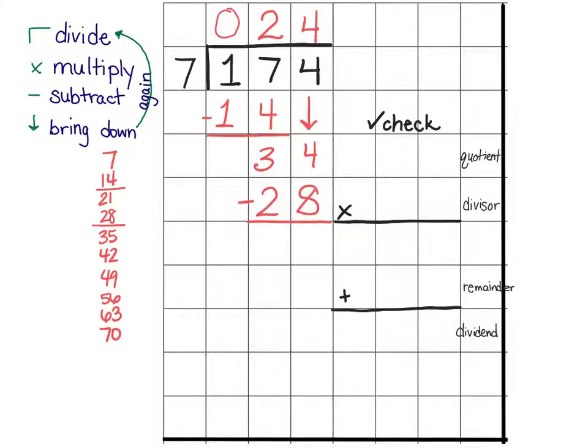So it is possible that you'd say 4 minus 8. Can't do that. So a lot of people want to come over here and borrow, which you can do. Cross out your 3, that becomes a 2, and our 10 comes over here and makes 14. 14 minus 8.